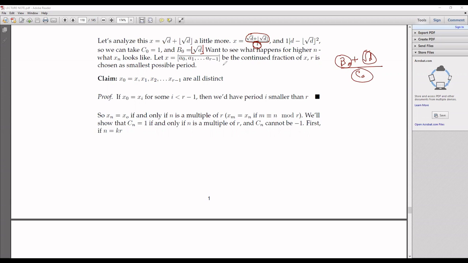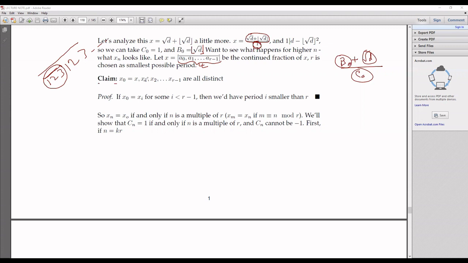It is purely periodic, as we just proved. So its representation should look like this, considering that the period of the cycle is r. If a continued fraction looks like this, this is the part that's repeating. You can also claim that this is the part that's repeating, but there has to be a smallest cycle possible. They are considering that this is the smallest case.